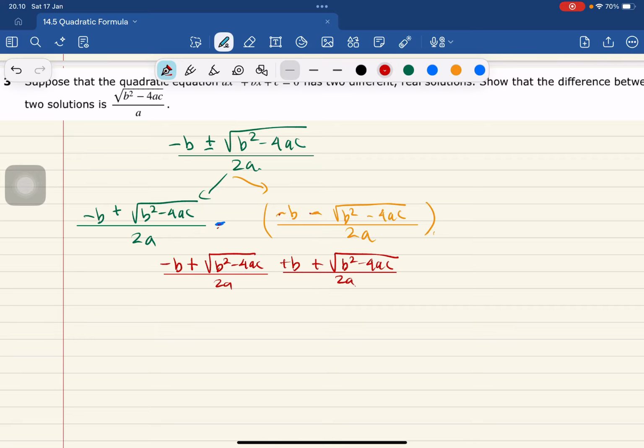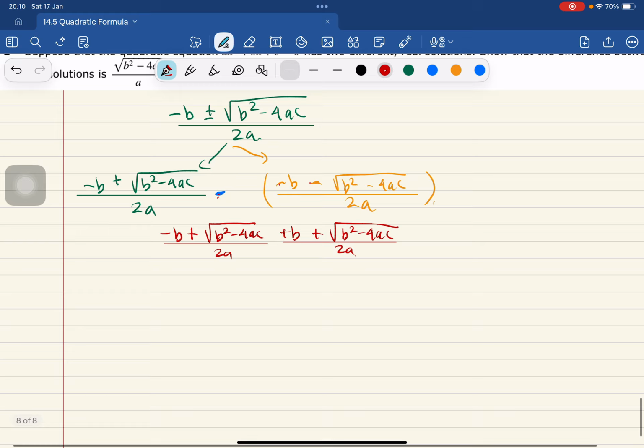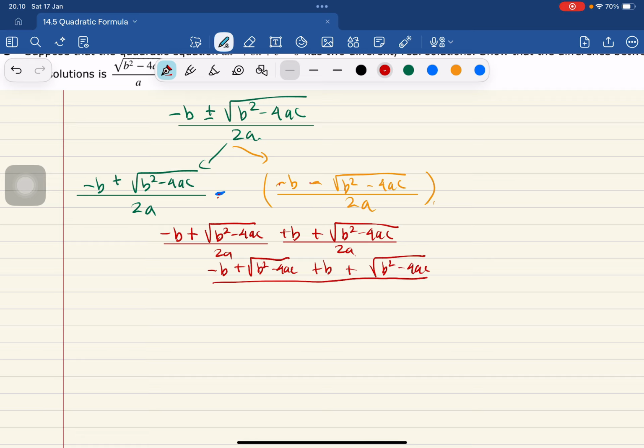Since the denominators are equal, we just keep it. So minus b plus square root of b squared minus 4ac plus b plus square root of b squared minus 4ac, divided by 2a.